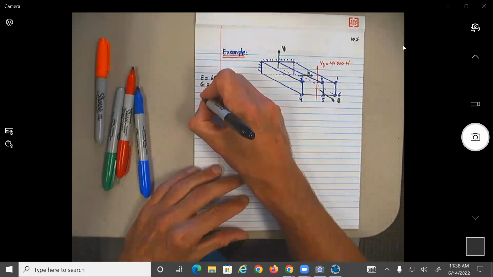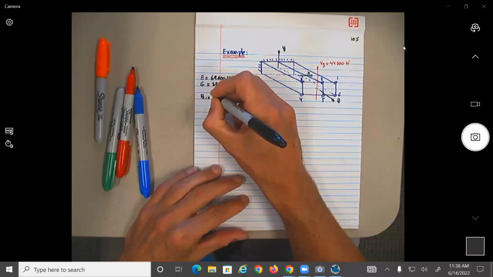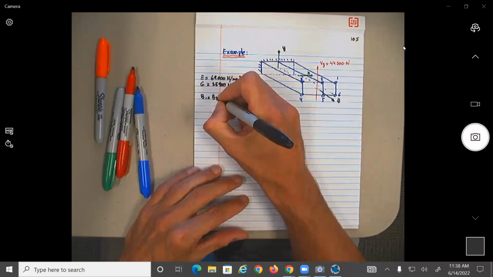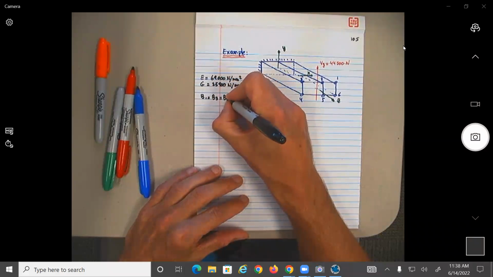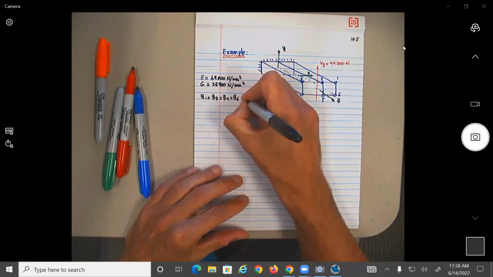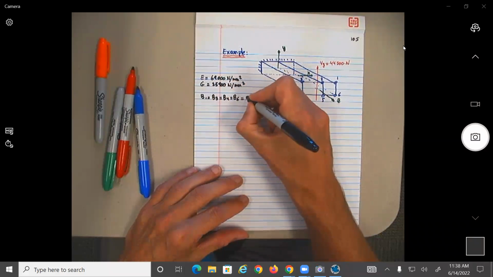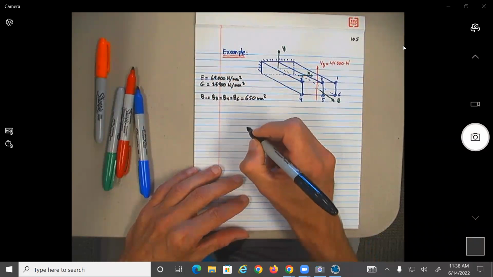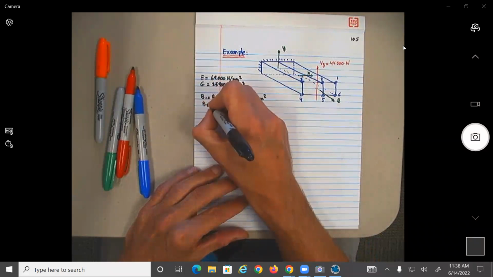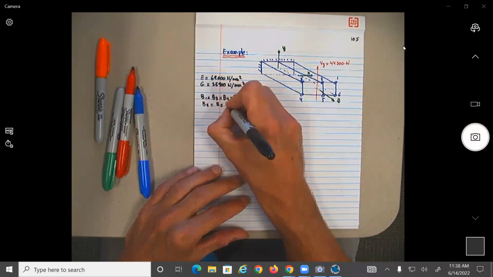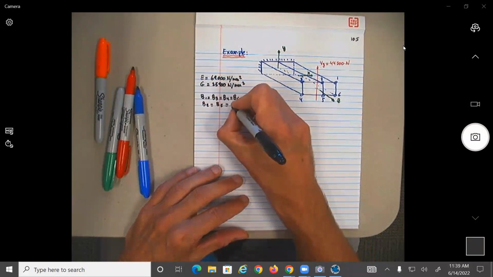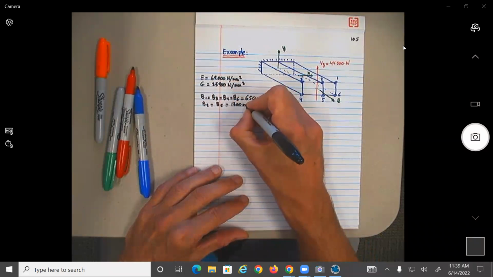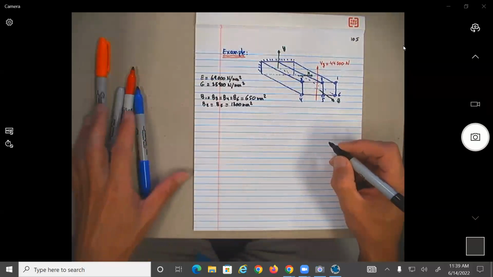Then we're going to have that B1 equal B3 equal B4 equal B6 equal to 650 millimeter squared. B2 equal B5 equal to 1,300 millimeter squared.